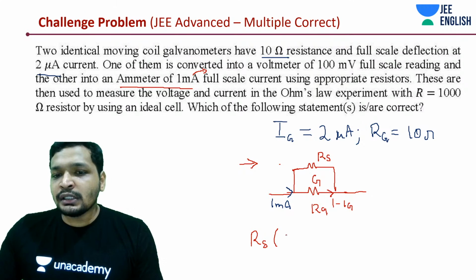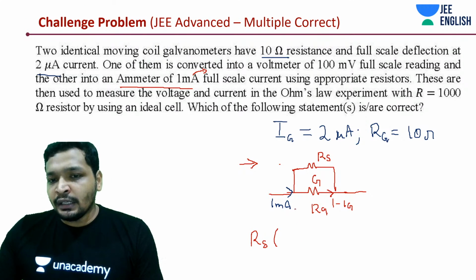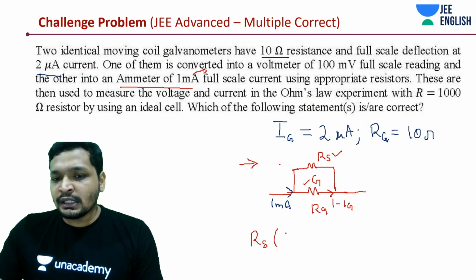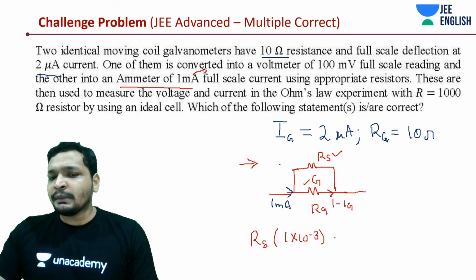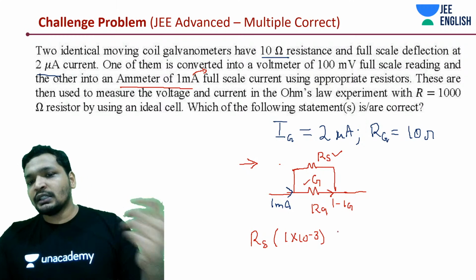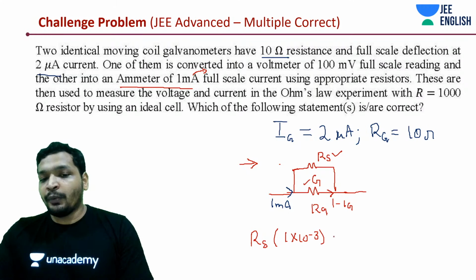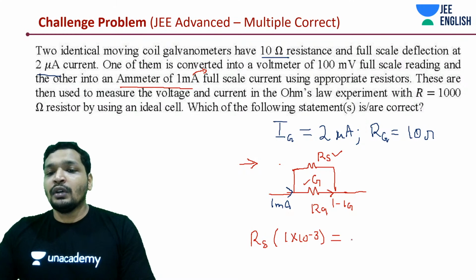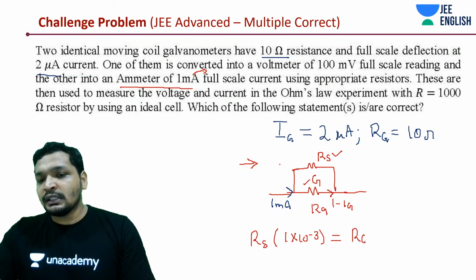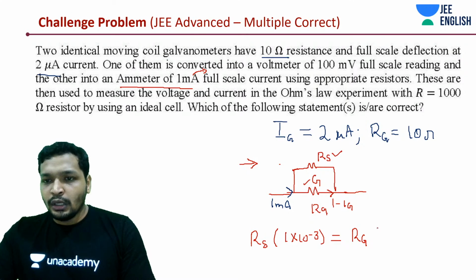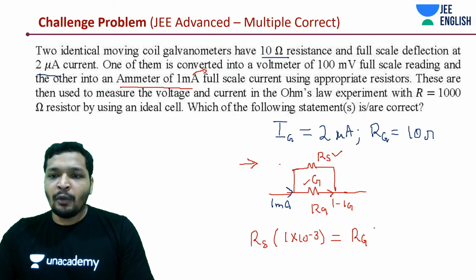So how do you do this? For the shunt, the same voltage will drop across the galvanometer and the shunt resistance. Simple question. So I'm saying this is 1 milliampere, 1 into 10 to the power minus 3, minus 0.002, but I'm just removing the 0.002, is equal to your galvanometer resistance into how much?